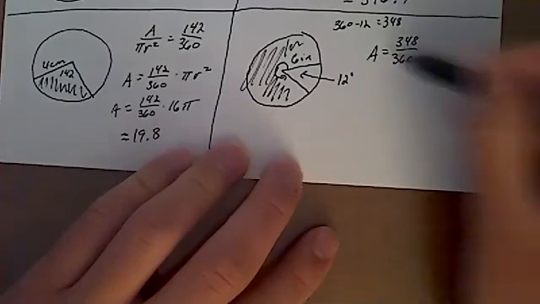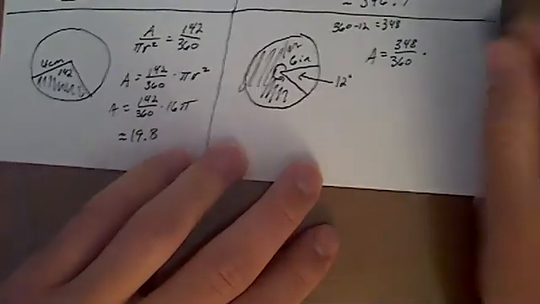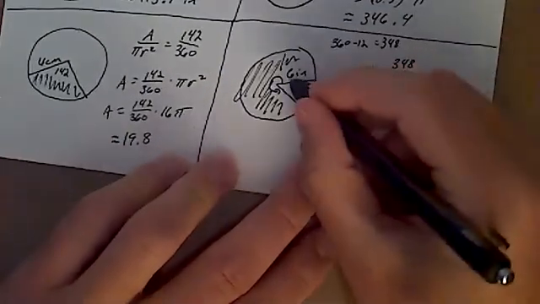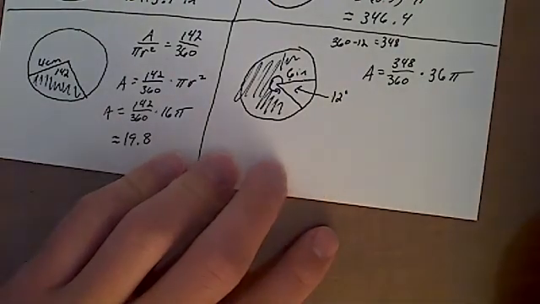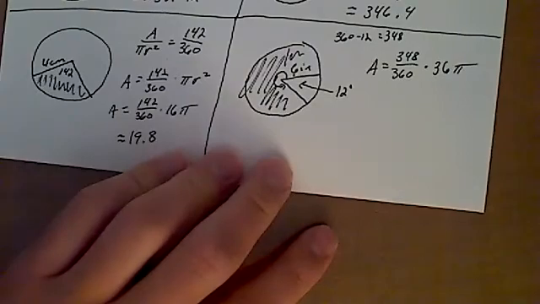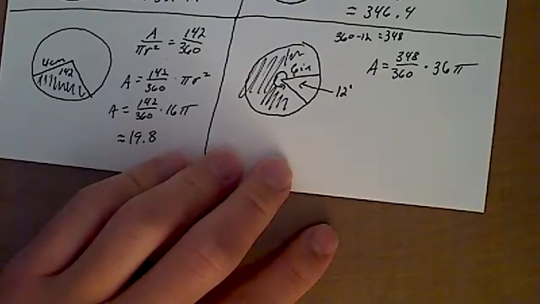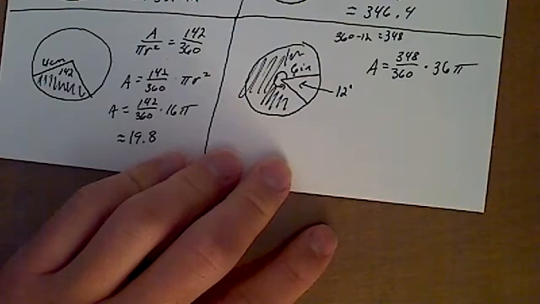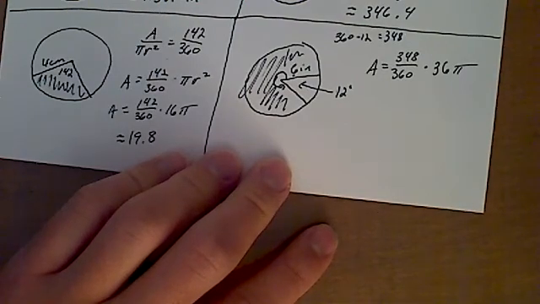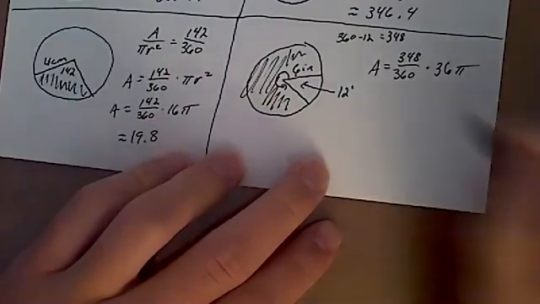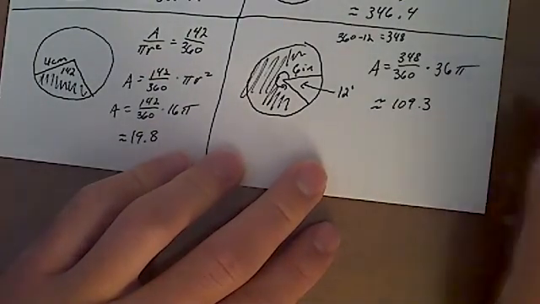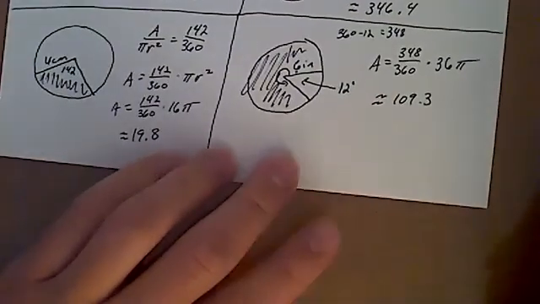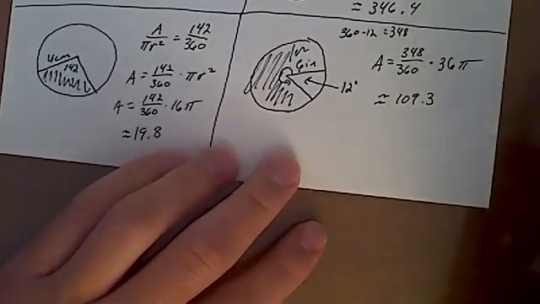Again, that's most of the circle times pi r squared. R is 6, so we get 36 pi. 348 divided by 360 times 36 pi is 109.3. And that should be your answer.